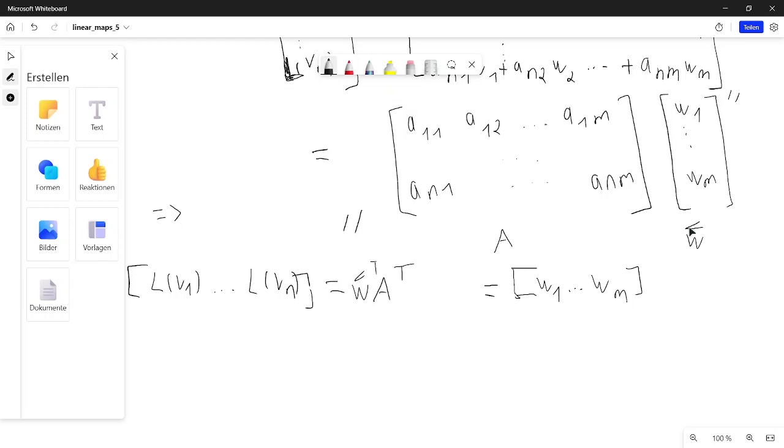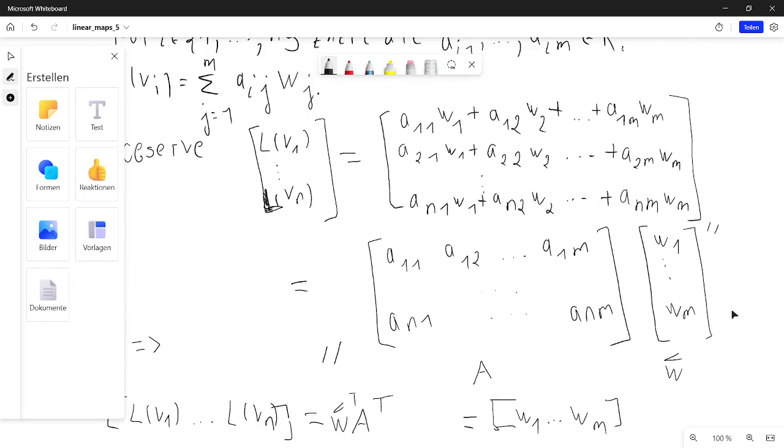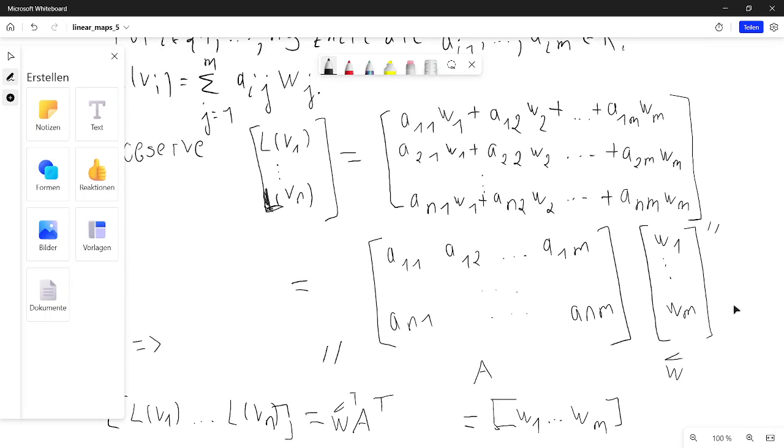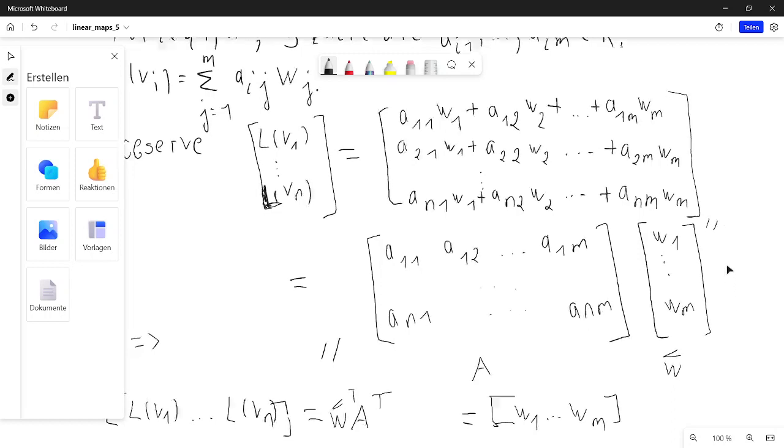Alright, let me think a little bit. I'm transposing that, and that means I want to have this transposed. And that means I have that vector. And that means, of course, if I have transposed the V matrix, I want to have that as a line, right?